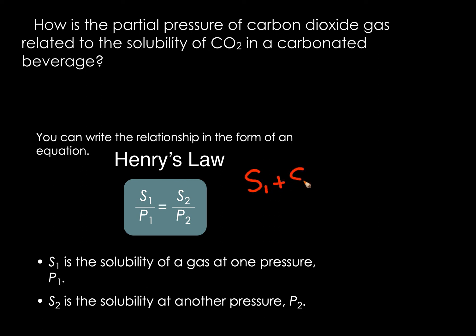The units for S1 and S2 are always grams per liter. Now, P1 and P2 are going to be in a pressure unit. I'm going to give you the 3 they're going to be in, and I'm not going to use any other ones. And I'll make sure they're the same.